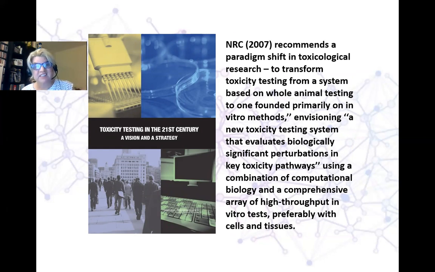We want a new toxicity testing system that looks at biological pathway perturbations, toxicity pathways, and uses more computational, in vitro, high throughput tests on cells and tissues, and gets away from whole animal testing. So that's what came out, saying that we haven't been doing a good job with toxicology. We've been missing all of these subtle endocrine disruption effects, right?